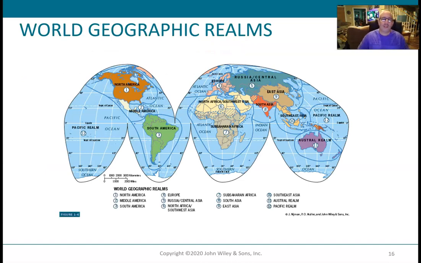Now I'm going to use one as an example. I'm going to use one that actually straddles two continents, North Africa and Southwest Asia right here, because this best exemplifies why we divided these up. So this is actually on two different continents. You have Asia here, you have Africa here. But if you look at the climate, first of all, this is the Sahara Desert in northern Africa.